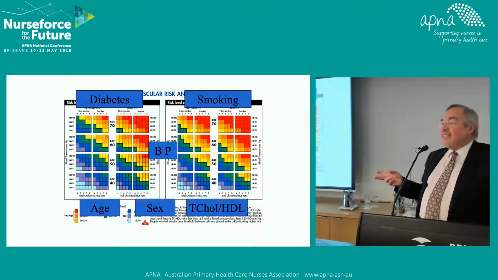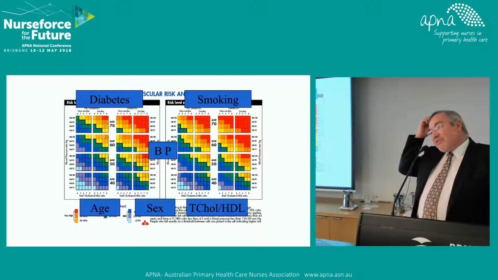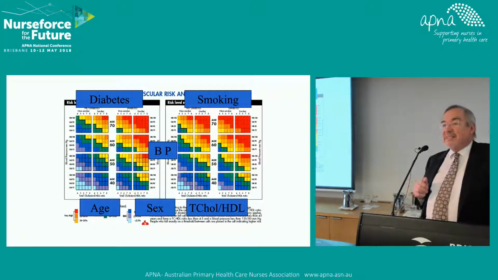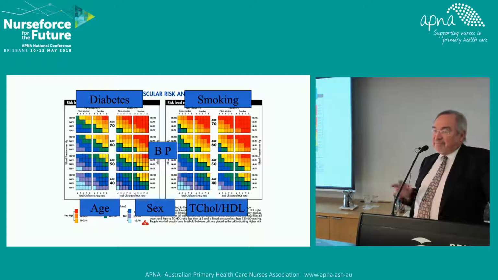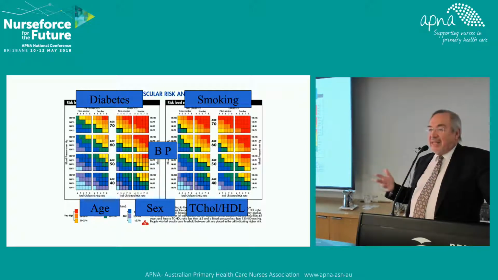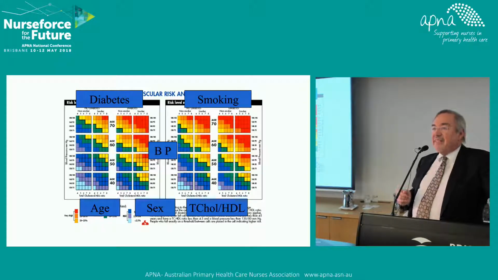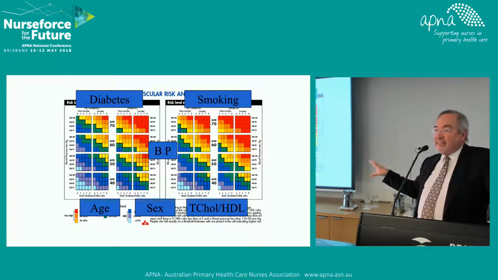In terms of fasting, non-fasting, the recommendation is, if possible, to have a fasting lipid study, but if that's not feasible for whatever reason, whether it's patient convenience or diabetes or something else, then you can do it on a non-fasting level.